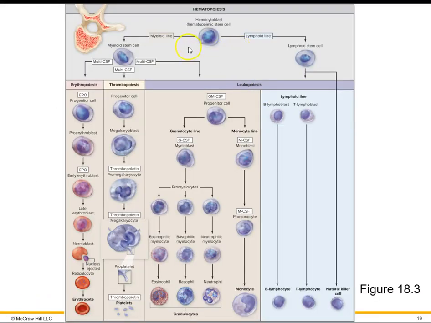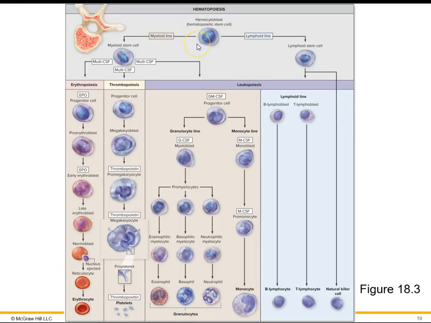Okay, here's an overview of hematopoiesis. You can see we start up here at the top with a hemocytoblast. This is a pluripotent stem cell, and it can eventually become any one of these down here: an erythrocyte, platelets, white blood cells. That's what we mean when we say pluripotent.